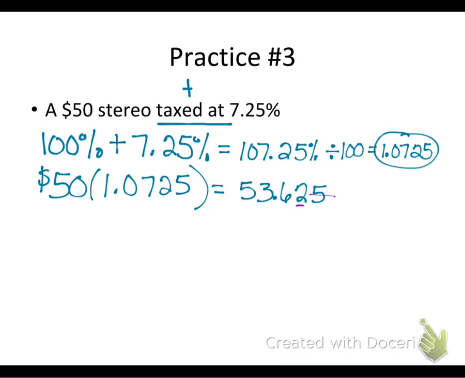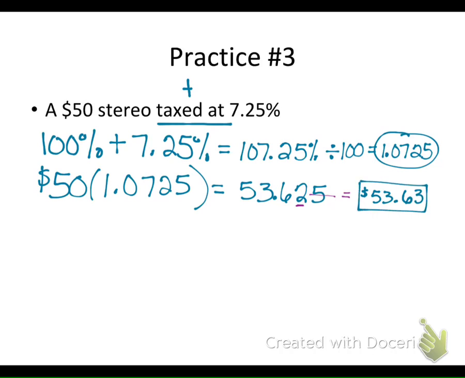If this number behind it is 5 or greater, is that 2 going to round up or stay the same? Round up. 5 or greater, it goes up. So my total cost of my radio is going to be $53 and what? How many cents? 60. Well, we just said that 2 went to a 3, so 63.